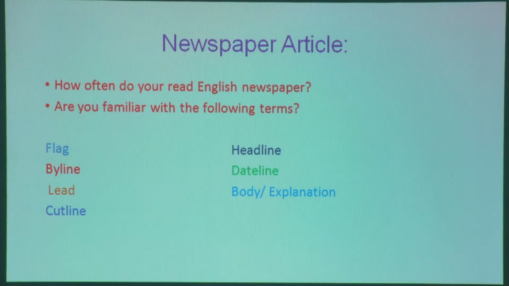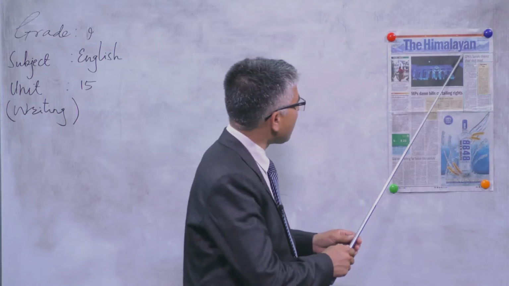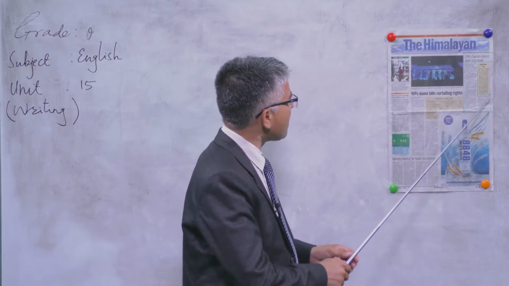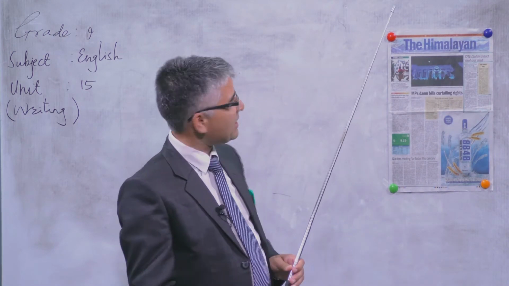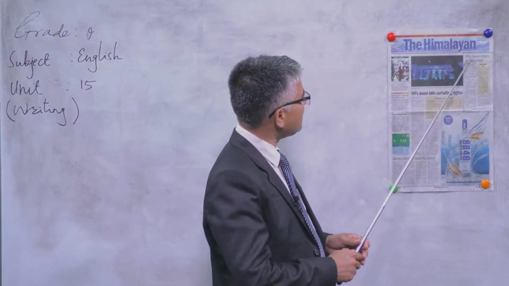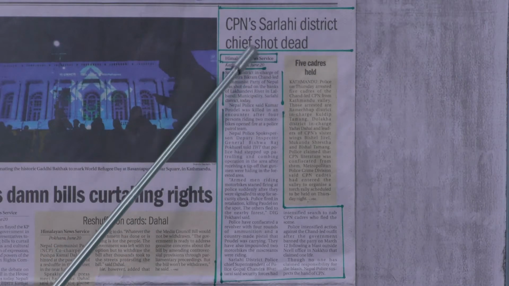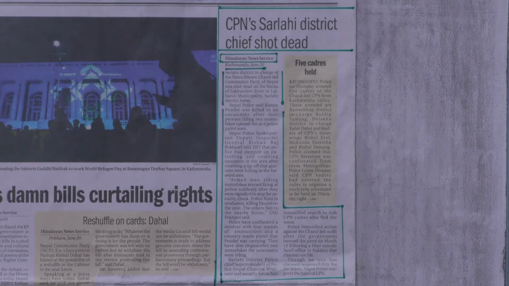What is the headline here in this newspaper article? The headline is this: CPN Sarlai District Chief shot dead. And this is the headline.